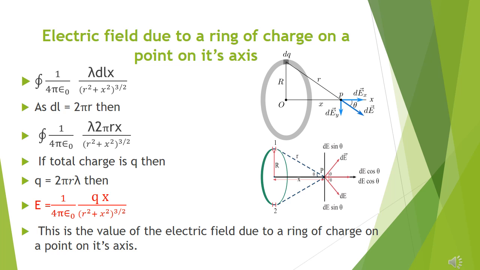Now we can compare this with the general formula for a point charge, which is E equals 1 upon 4 pi epsilon naught q over r square. So the only difference is in the value of r, which is replaced by r square plus x square to the power 3 by 2 divided by x.